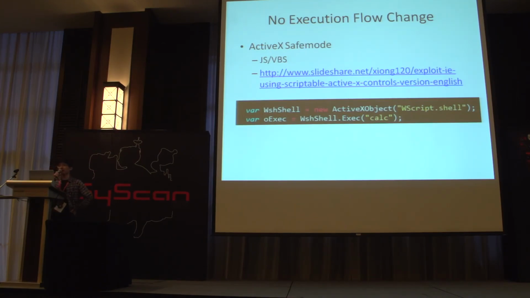CFG aims to stop unexpected execution flow changes, but if your exploit does not require such execution flow change, then we do not need to worry about CFG. For example, we can use safe mode in IE, and then use some ActiveX controls to do the follow-up job.